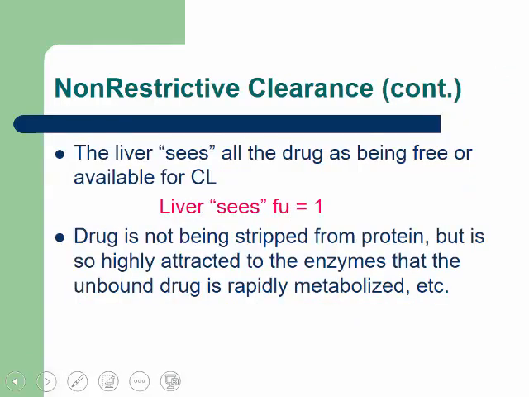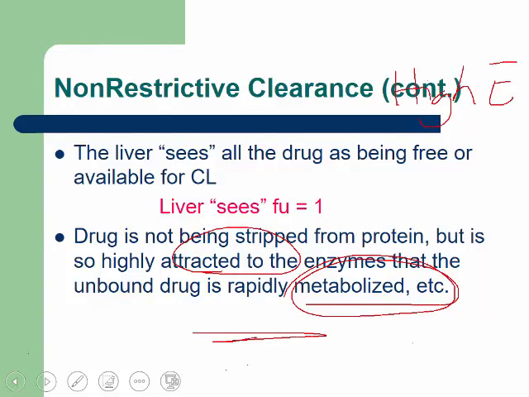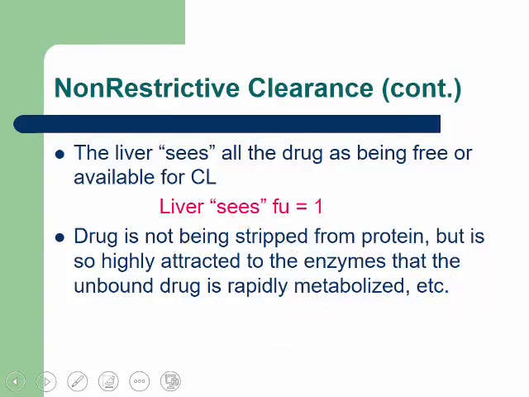Okay. So when we have non-restrictive clearance, it's like the liver sees it all as being free. So any of the drug, whether it's bound or unbound, all of the drug is available. As far as the liver enzymes are concerned, they're all available for clearance. So that's why I say the liver sees.